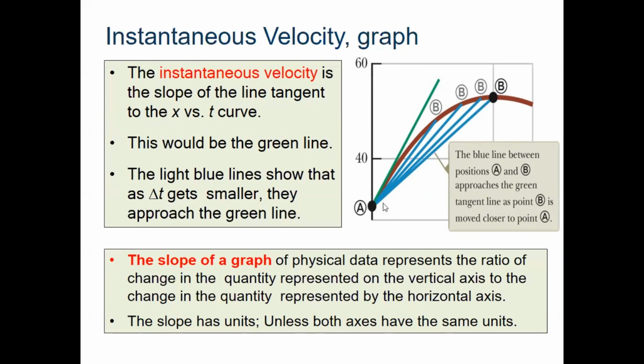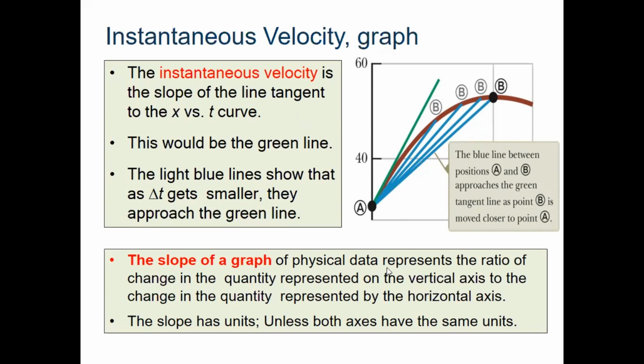As we reduce the delta, the blue lines are telling us the displacement for the time between T1 and T2, and we see that as we start reducing this delta T, we start approaching this B to very close to A, and eventually the lines are really like the tangent line at the point A, and this blue line is showing that the delta t gets very small. We approach this green line, which is the tangent line.